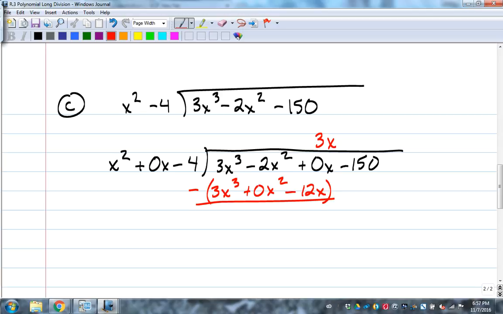So this one starts out looking pretty rough, but it's going to end pretty quickly. So subtract, these go away. It'll be negative 2x squared, and then positive 12x. Bring down the minus 150.